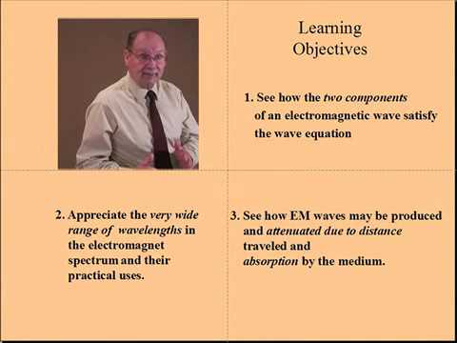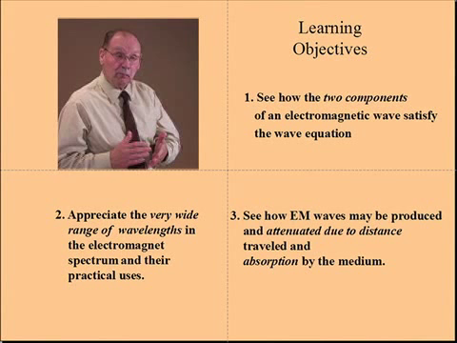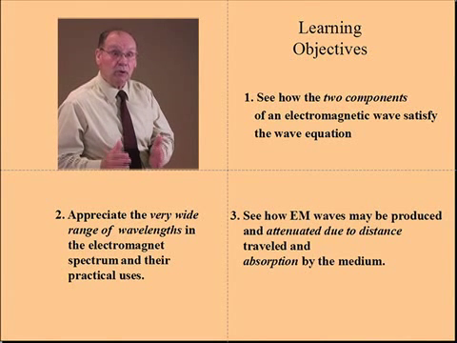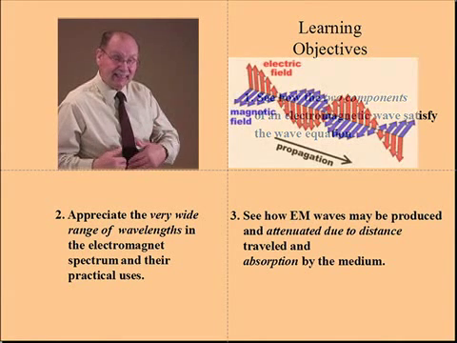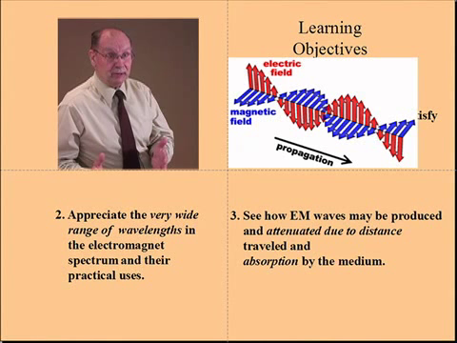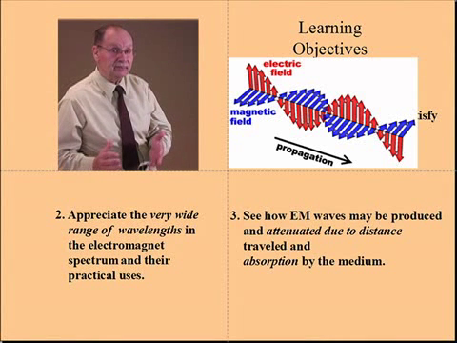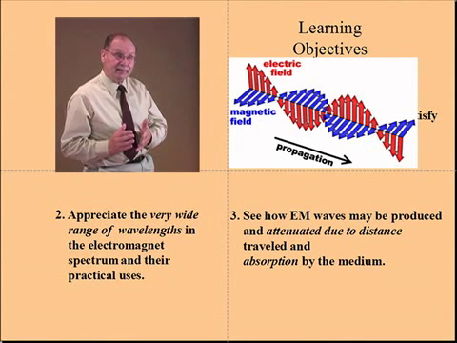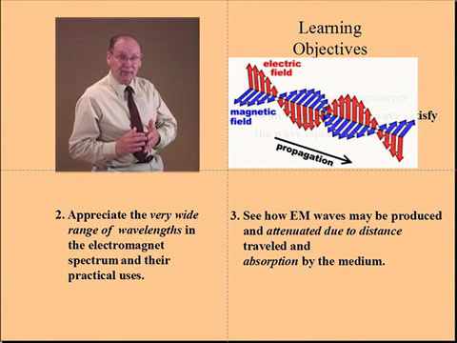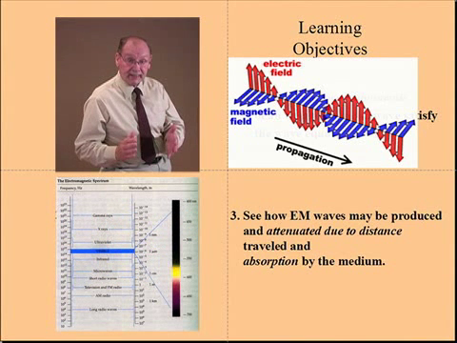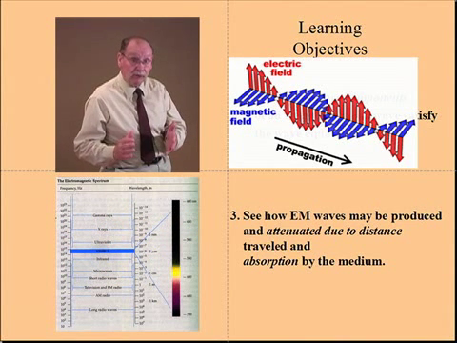The objectives. The first one is to appreciate that electromagnetic waves have 2 components, and these satisfy what we'll see to be the wave equation, and this is an important part of describing what an electromagnetic wave is. And then number 2, to appreciate the very wide range of wavelengths or frequencies that are involved in the electromagnetic spectrum.